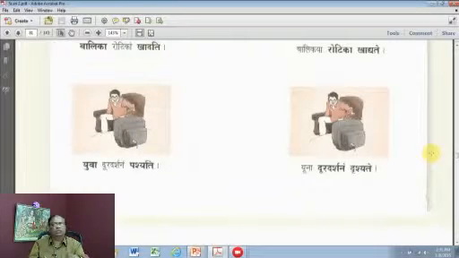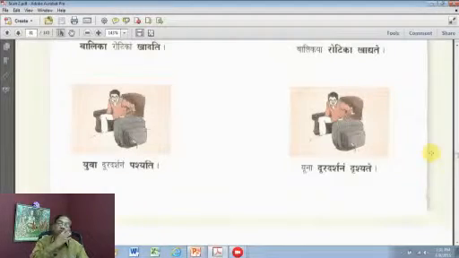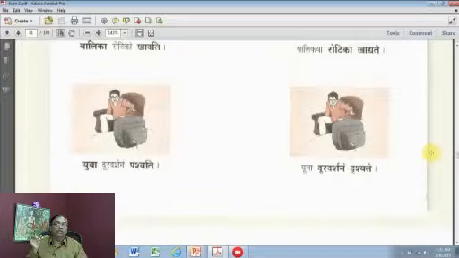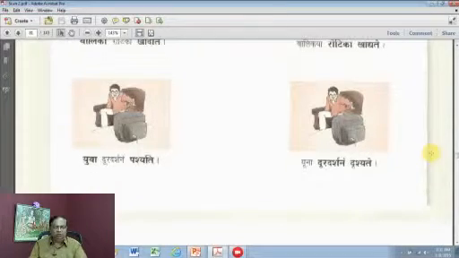If the object is bahuvachana, the verb will be bahuvachana, irrespective of the subject number. Balakaihi pathan patanti. Balakaihi pathaha patyante. So just now we did that sentence. So the agreement between subject and verb will be different in passive voice.